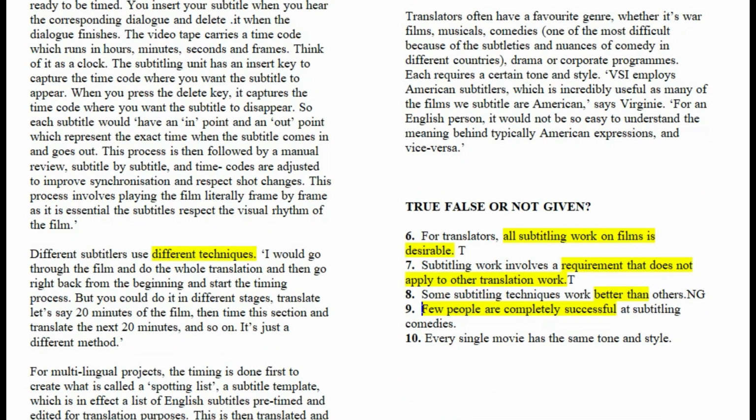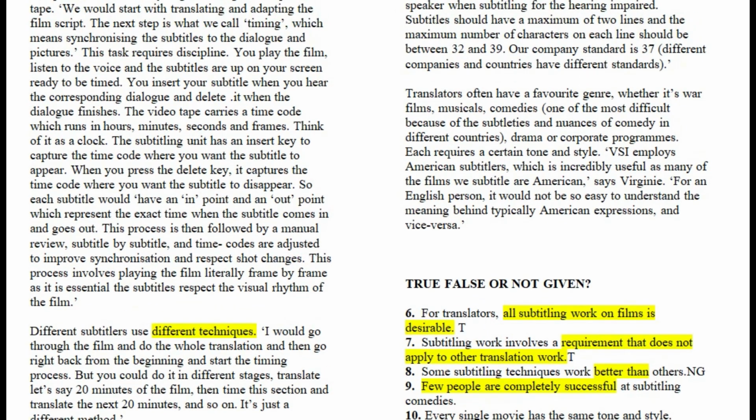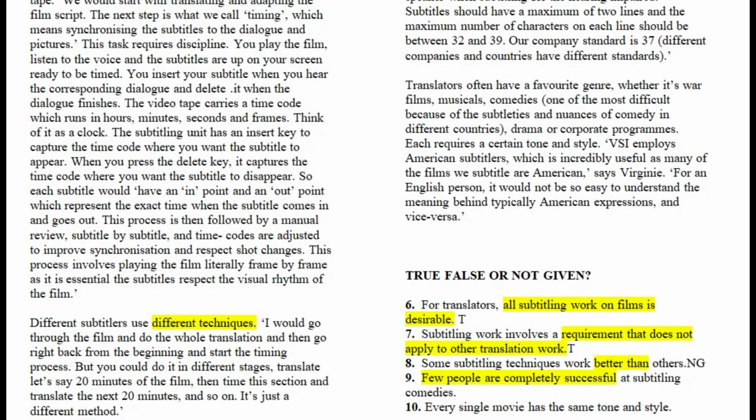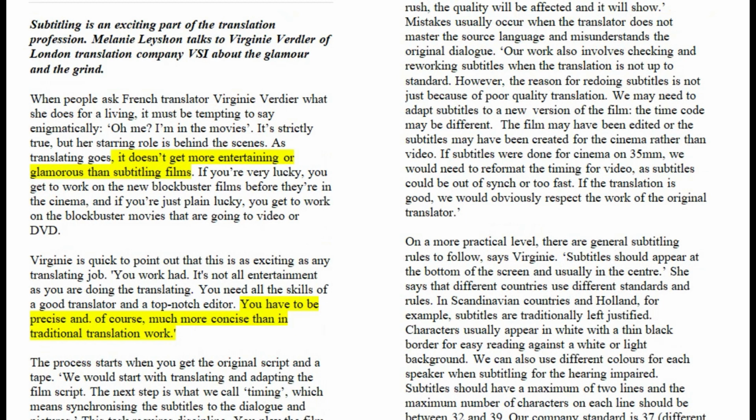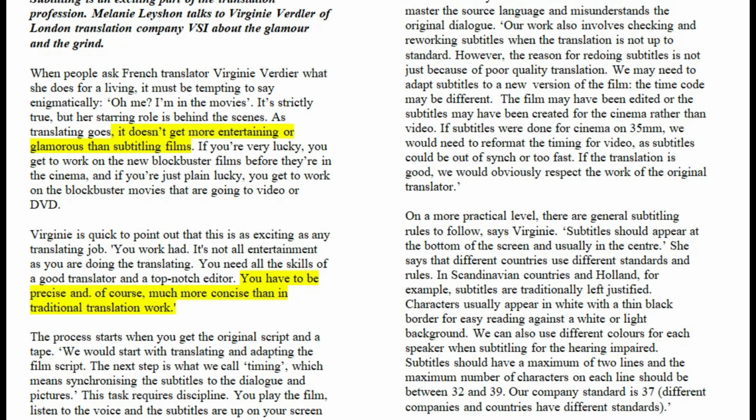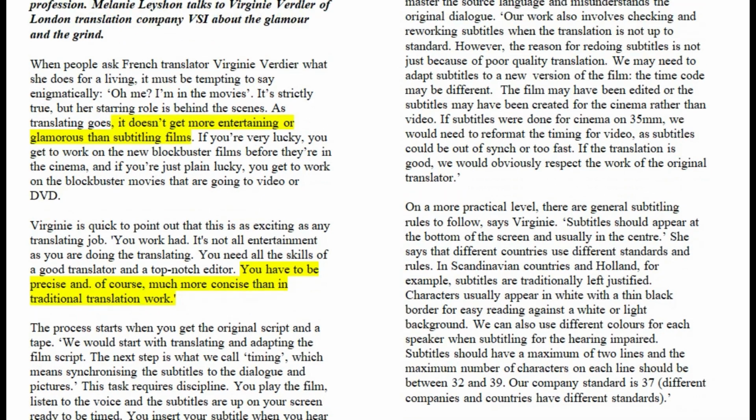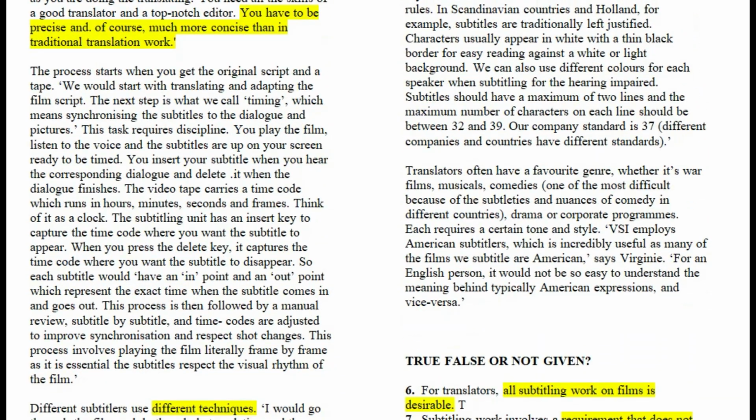If you remember, the last statement was somewhere here, and let's analyze this part. So you can see genre, a favorite genre, okay, and you can see the word comedies. Analyze for your safety: you can analyze the paragraphs before, and you can't find anything about comedies, comic movies, something about sarcasm. Okay.